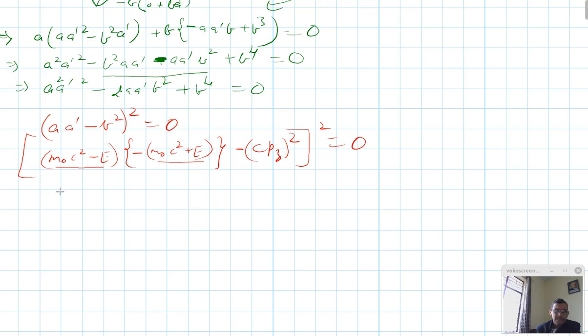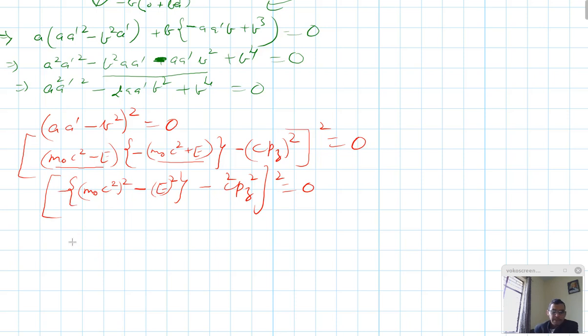So I can write it as m naught c square whole square minus E square, and this minus is outside, and c pz square, so it is c square pz square, and I can take whole square is equal to 0, or it will become positive, and it will become minus negative.